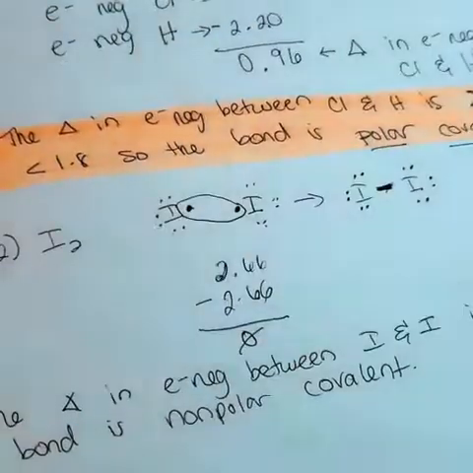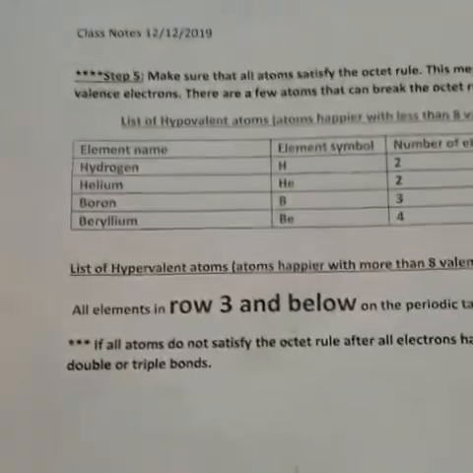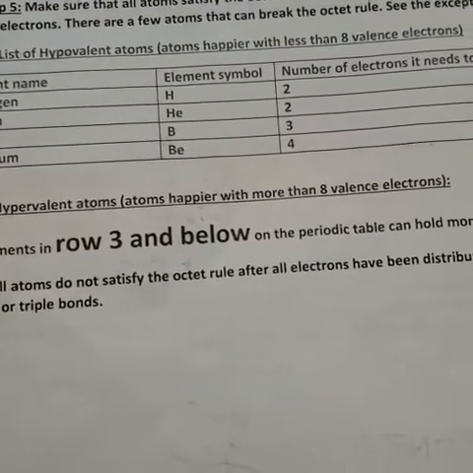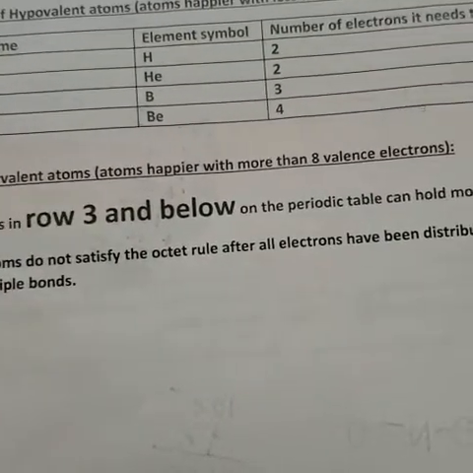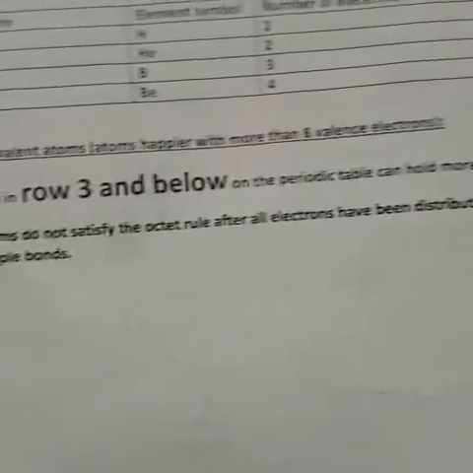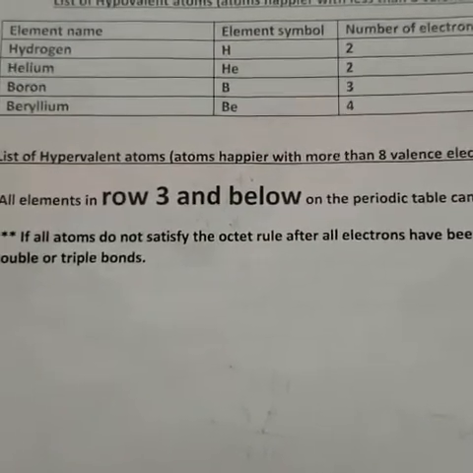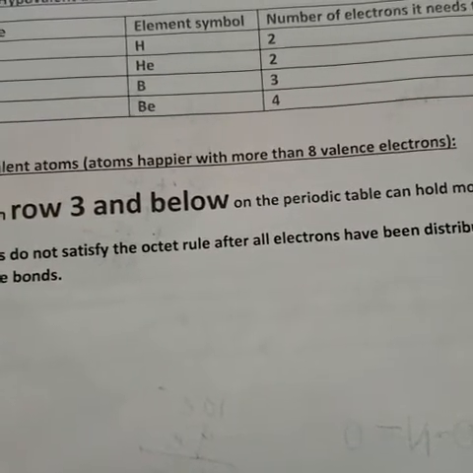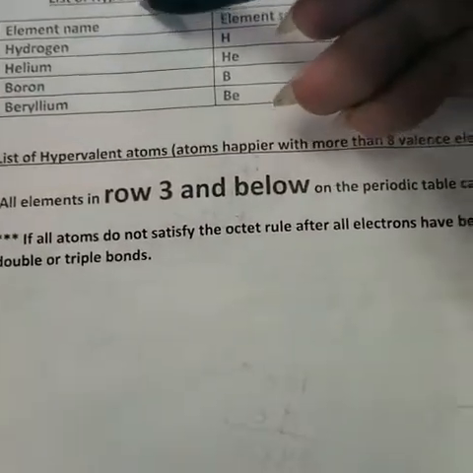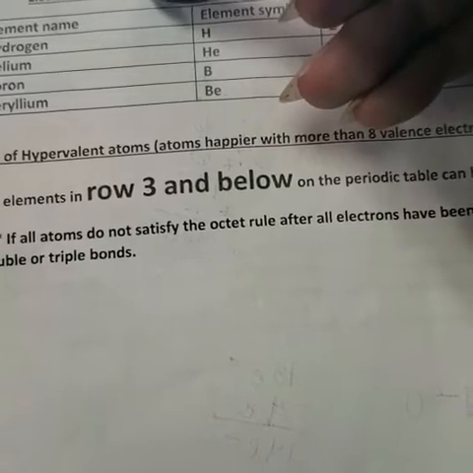All right, let's move on to step 5. Step 5 says make sure that all the atoms satisfy the octet rule. This means that all atoms should have 8 valence electrons. There are a few atoms that can break the octet rule. See the exceptions below. This is a list of hypovalent atoms, atoms happier with less than 8 valence electrons. Hypo means less, valent referring to valence electrons.